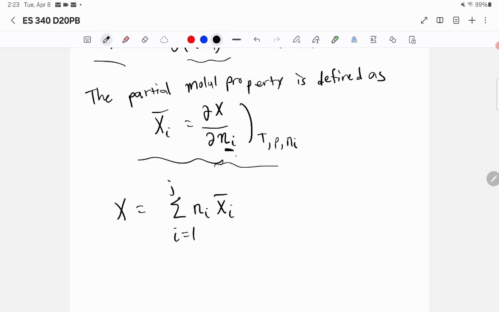So basically, I can take this partial derivative for a particular quantity and the particular type of gas or whatever, and if I sum them all up, that's going to give me the total volume. So this, if x is V, right, or the total internal energy or whatnot of the system. So I can basically break it up into parts and sum up all of those parts to get the extensive quantity of interest.